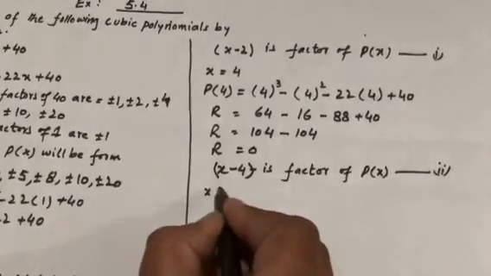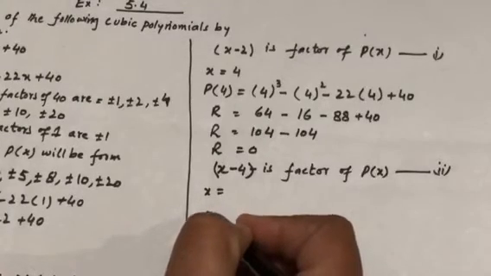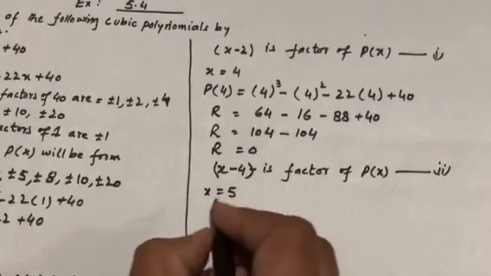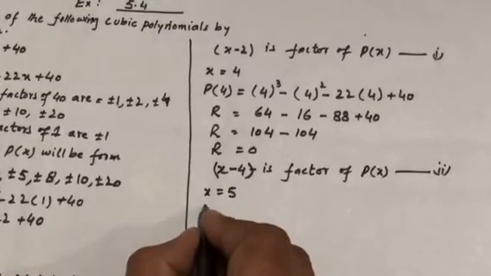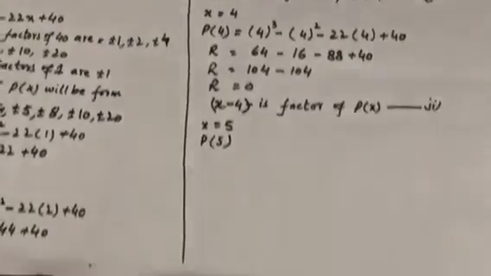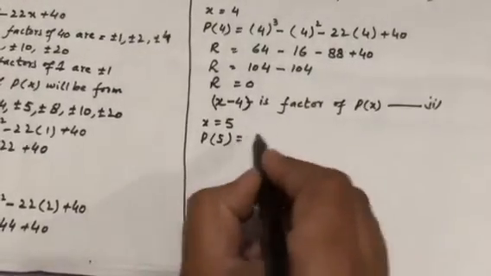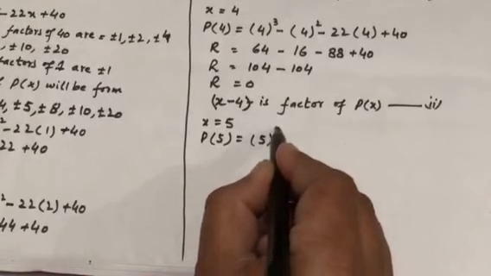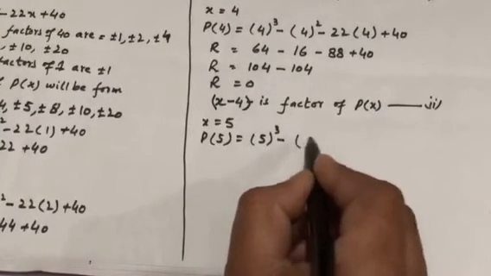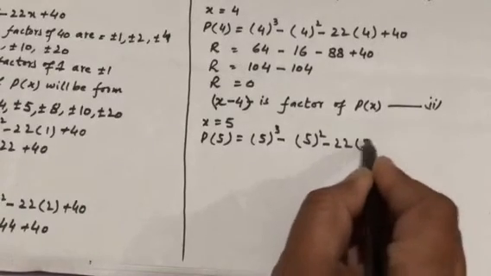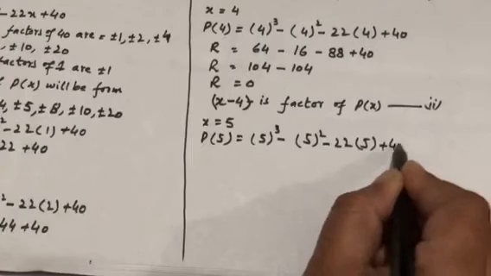Now if we take x as 5 and replace it into the polynomial, then we will have the next factor. So by replacing x by 5, we will have 5 cube minus 5 square minus 22 into 5 plus 40.